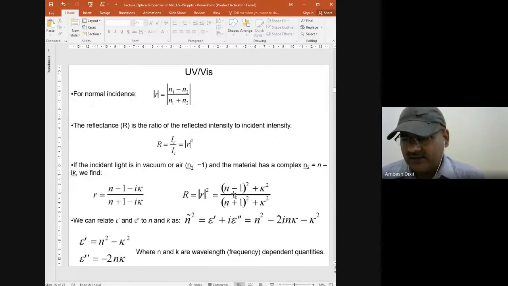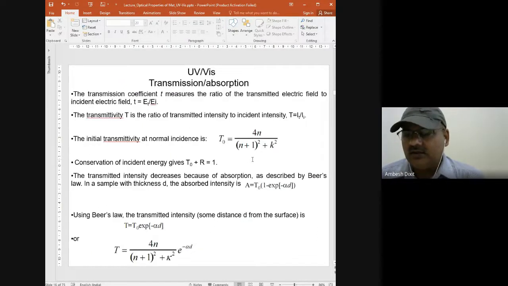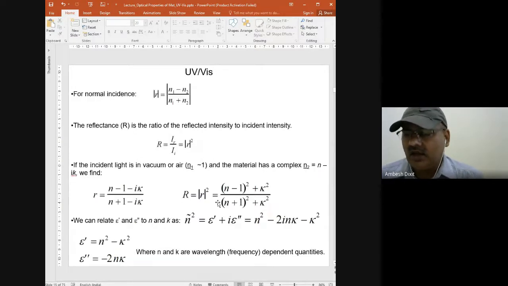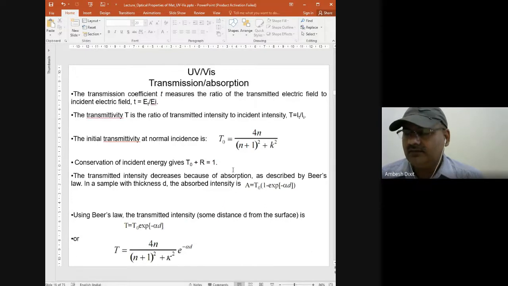If I add these two, assuming absorption is missing, then T0 plus R should be equal to 1. But in the end, we know that transmission is not the ideal case, which is why we call it T0. As we propagate through the material, absorption takes place from the incident T0. It will be T0 minus T0 e^(−αd), where d is the distance traveled.